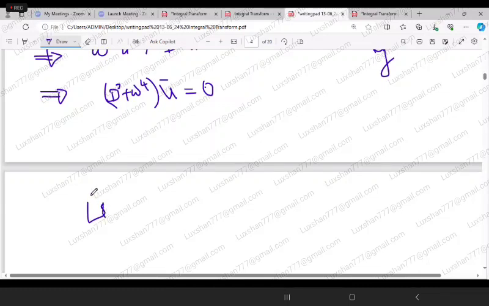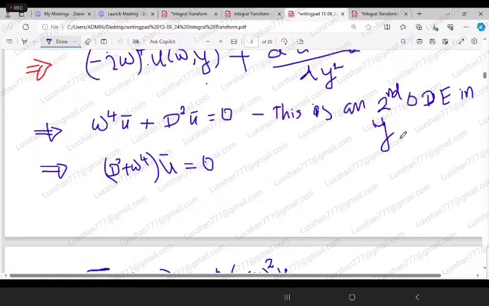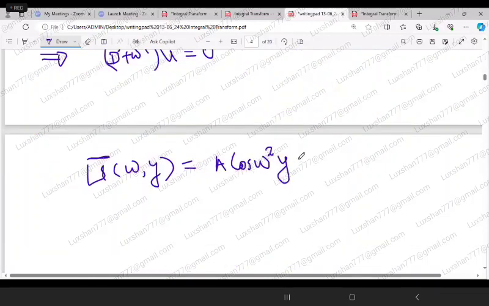You can write u bar omega y equal to a cos omega squared y, because our variable is y. Differential equation is in y.